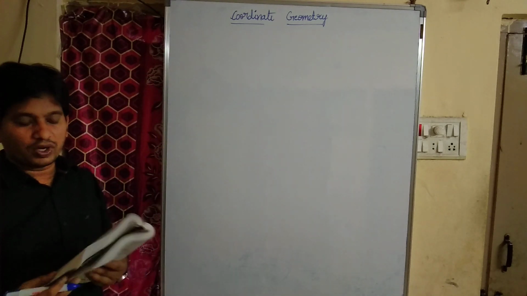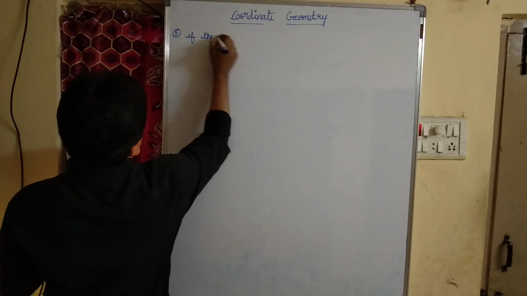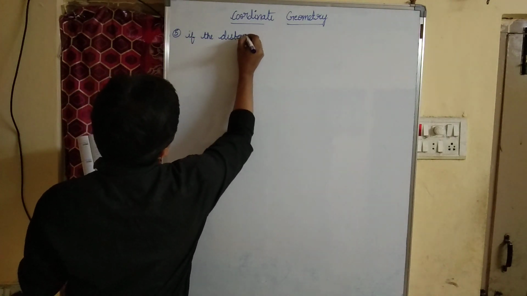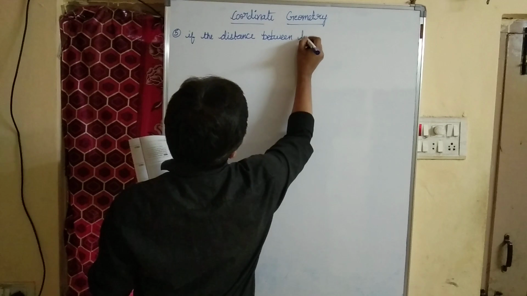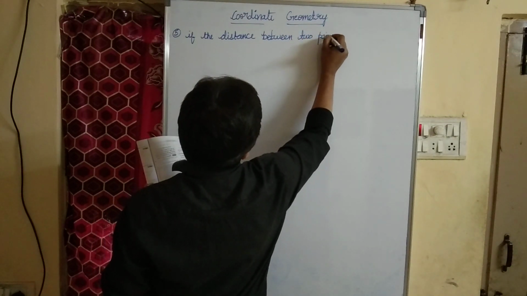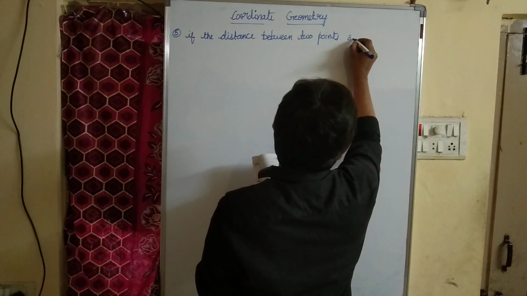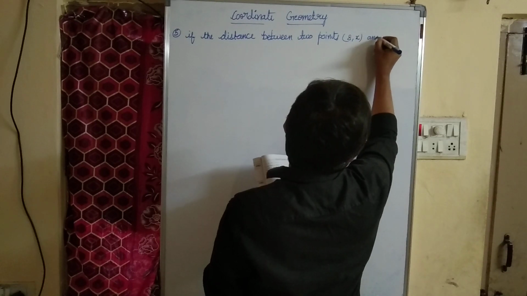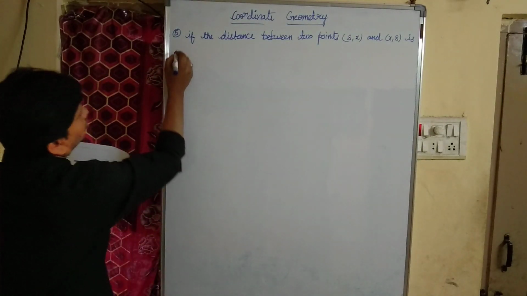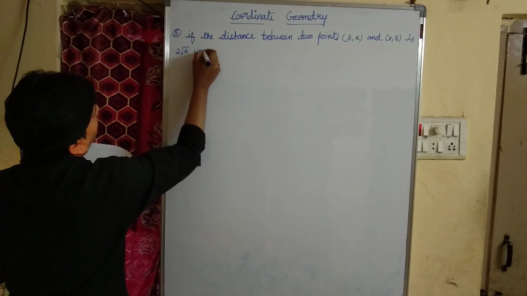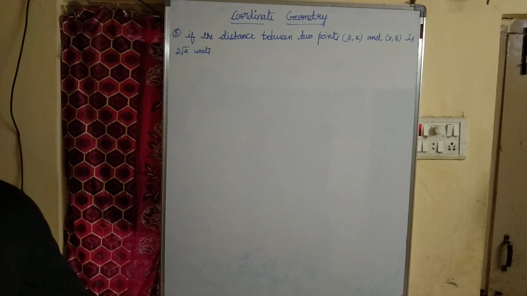If the distance between 2 points 8 comma x and x comma 8 is 2 root 2 units, then find the value of x.